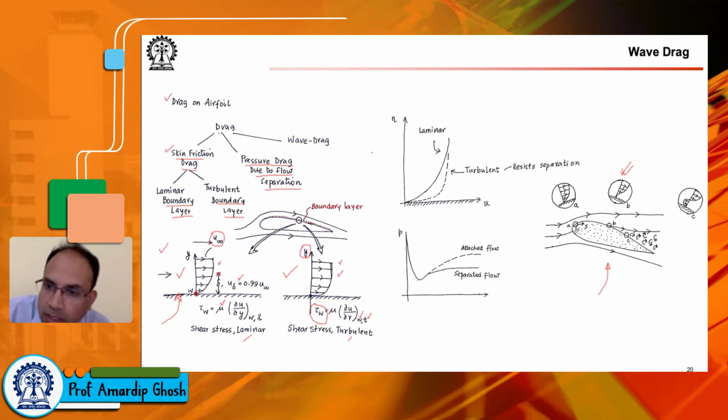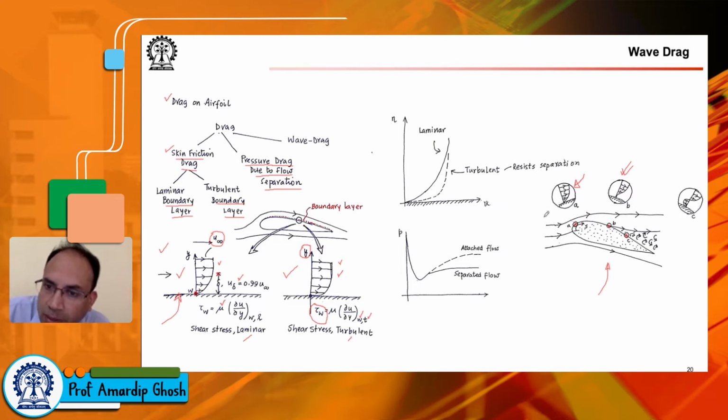So what is happening is, if you consider this point as A, this point as B, and this point as C, and if you zoom into what is happening in the boundary layer, remember this is a thin region near the boundary. Beyond the thin region, the flow is uniform, but near the wall you have this gradient, and that's the boundary layer.